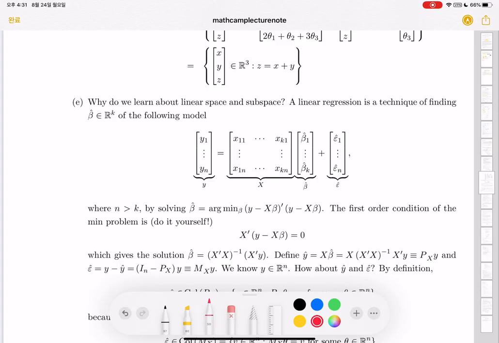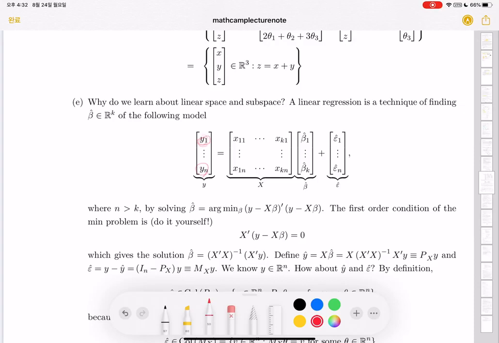The linear regression model is this. Suppose you have k control variables, and this is your first observation, and this is your nth observation.